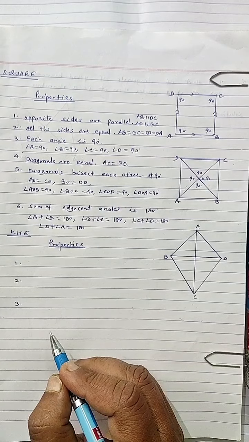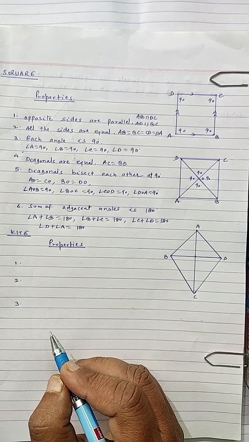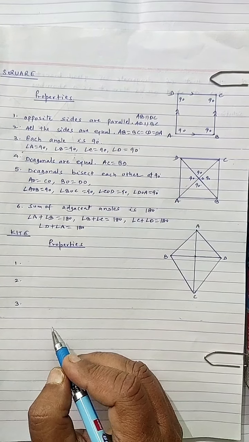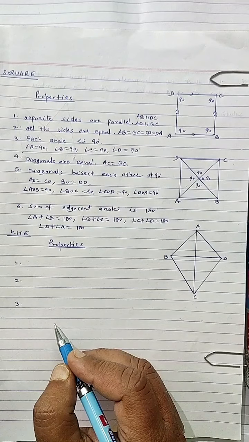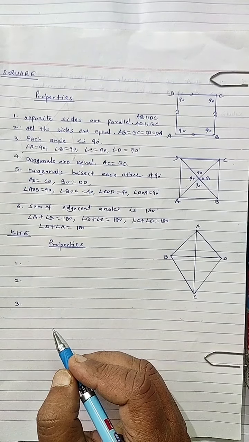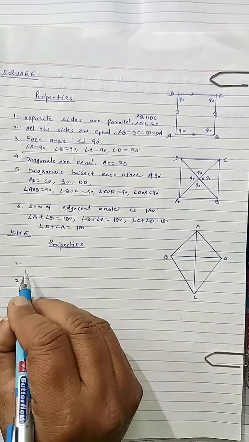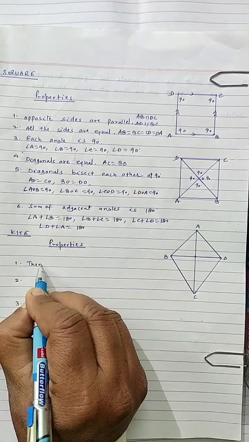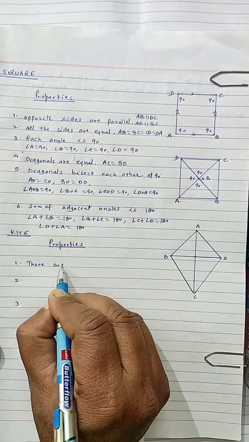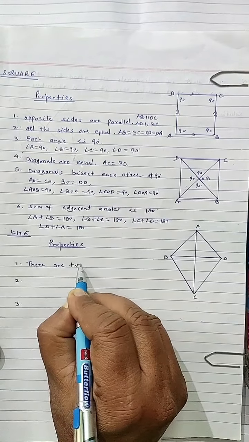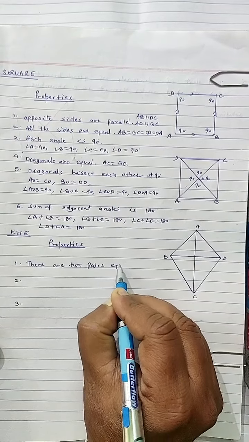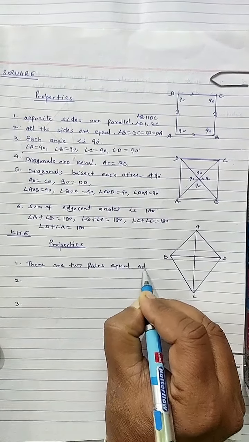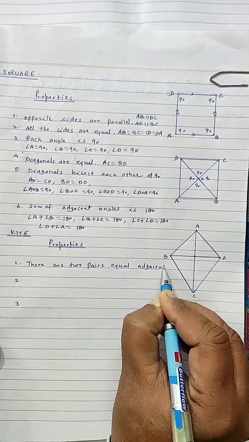Now we have one more quadrilateral, that is kite. In a kite we have two pairs of equal adjacent sides.